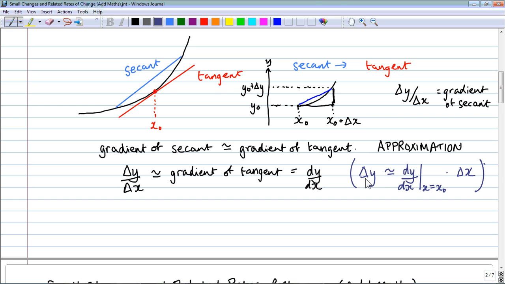So this is the formula that we're going to use to figure out how much y changes when x changes by a certain amount.